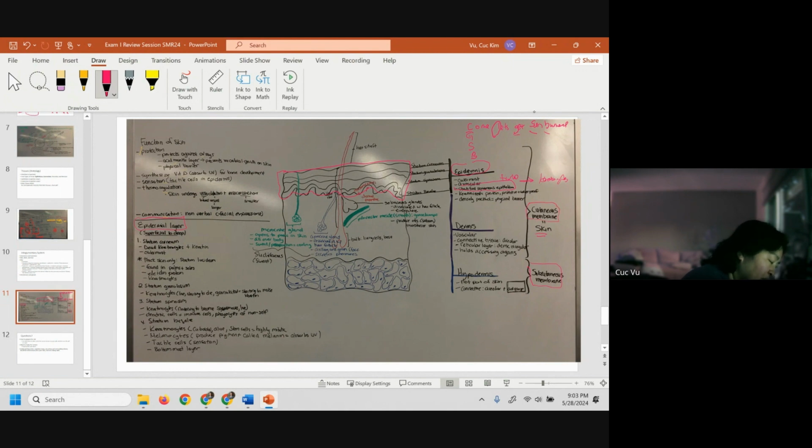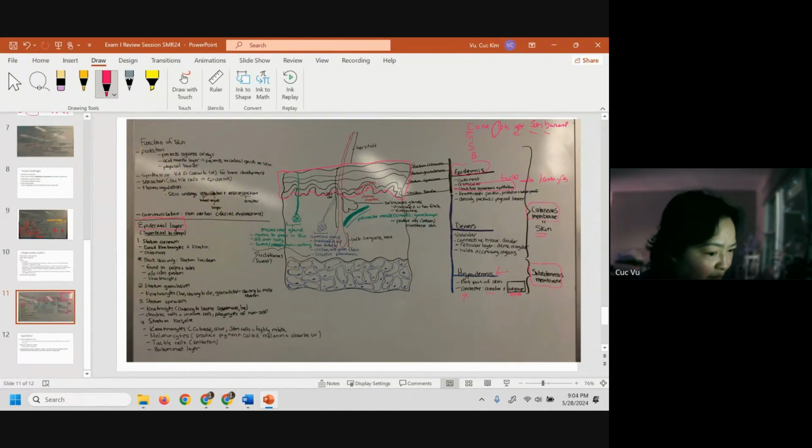So the subcutaneous membrane is made up of the hypodermis layer, which is made up of connective tissue, specifically mostly adipose, some areolar. Okay, but mostly adipose.